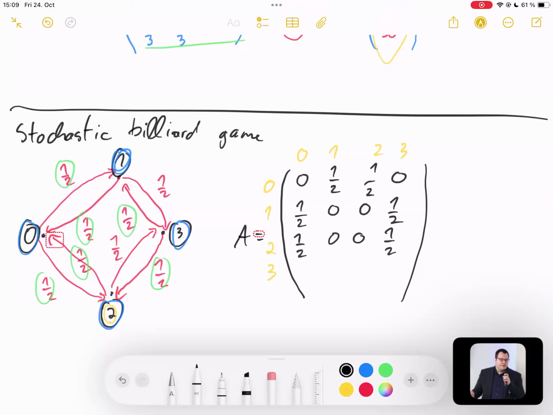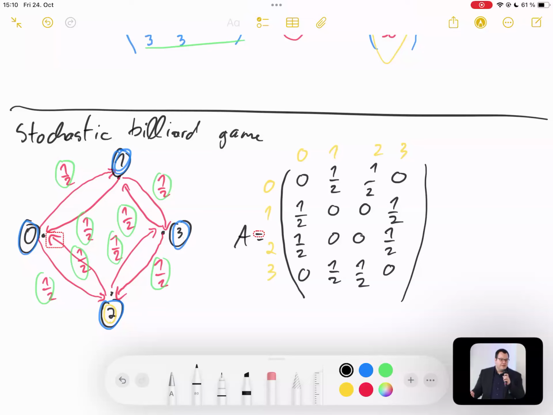And position 3 has incoming ones from 2 and from 1. So we put that here and here and have our zeros there. So the answers we got in the chat looked fine for the 3rd row, and I just put here the 4th row.